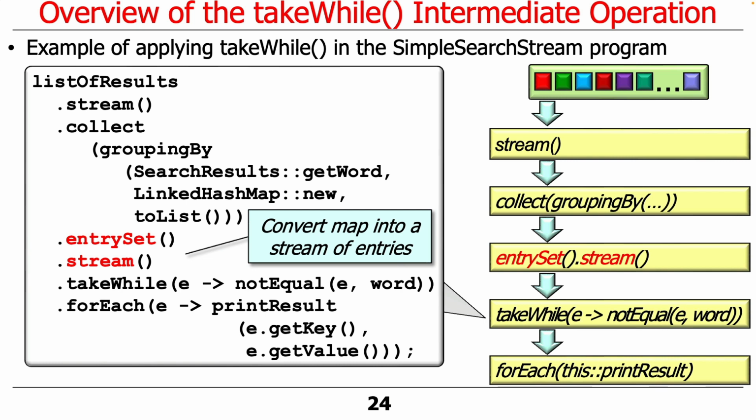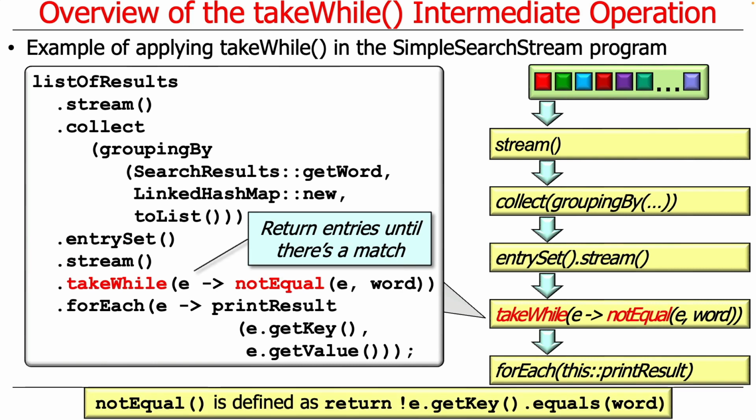In this case, we give it a particular thing we're looking for, and it's going to take while the entry doesn't match that. So you have do, re, mi, fa, sol, la, ti, and you say mi. What it'll do is keep taking the element until it reaches the one you're looking for. So it'll basically print a prefix slice as opposed to a suffix slice.